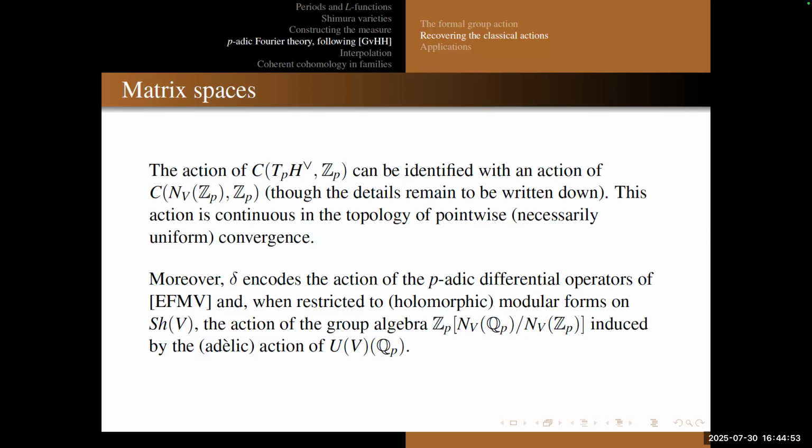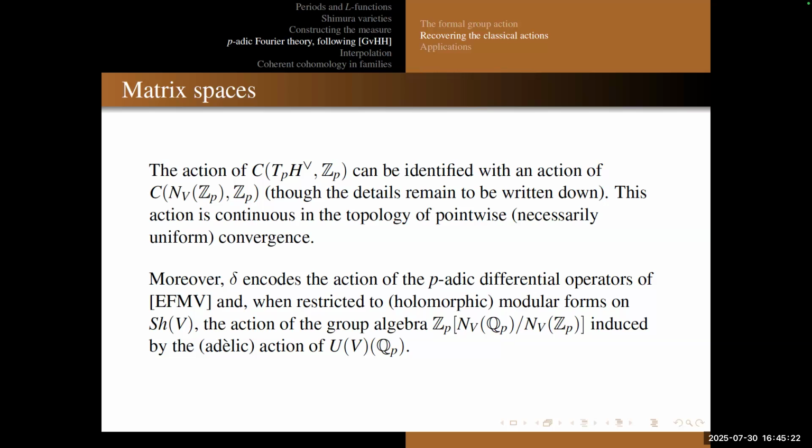So this is the adelic action of the unipotent radical of this p-adic points of the unitary group on the automorphic representation. And because the unipotent radical is commutative, it fixes the N and V ZP forms.